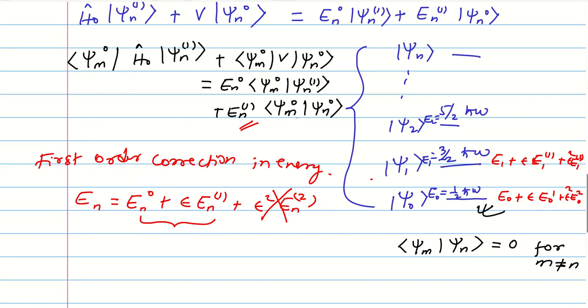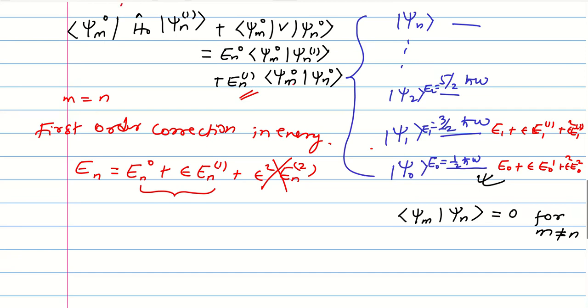So when you take m and n both different, this term will be 0 and we cannot find E_n, so we take m equal to n. In that case what happens?